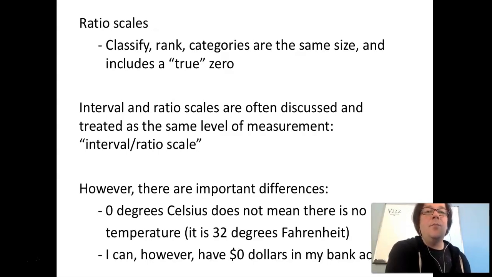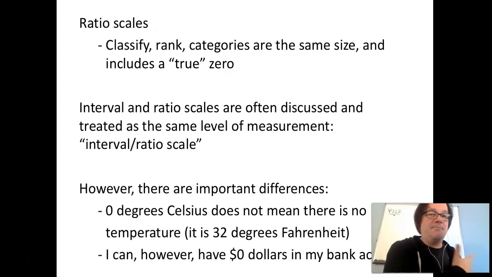However, most of the time you're just going to see these scales combined. You'll see something called an interval ratio scale, because they essentially do the same thing. And for most of the variables that we're looking at, if we needed a 0 to really mean a complete lack of something, then we would just use a ratio scale.